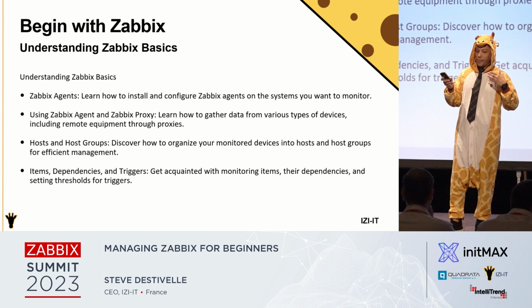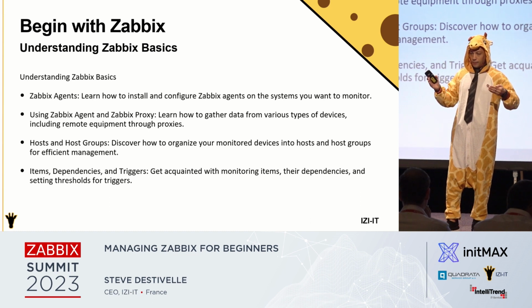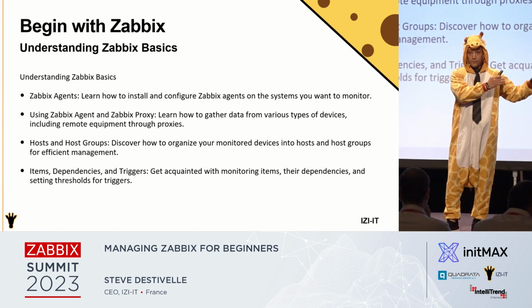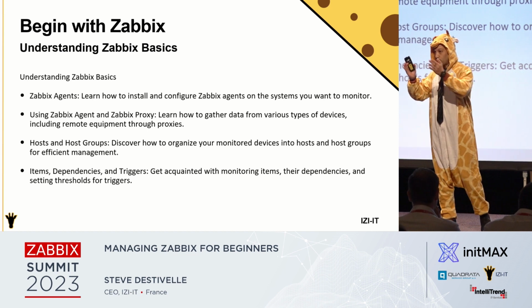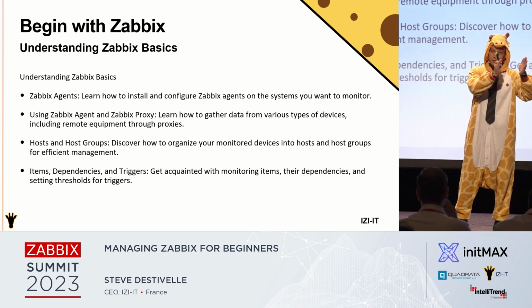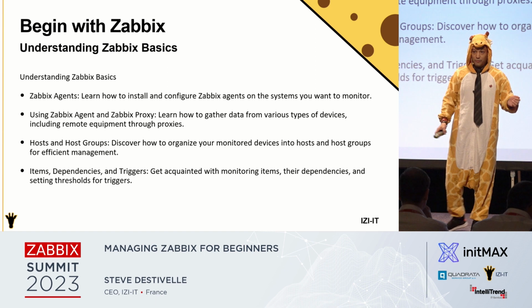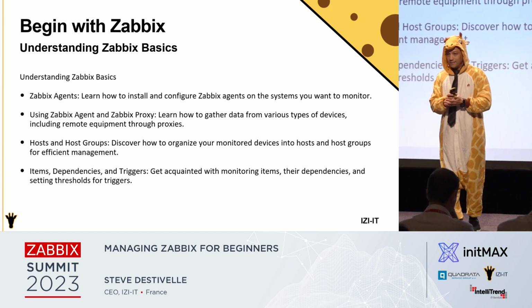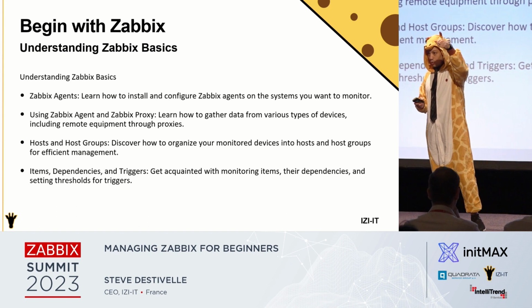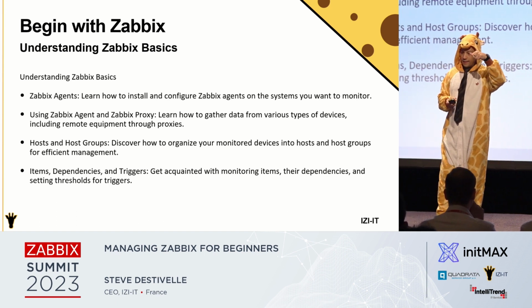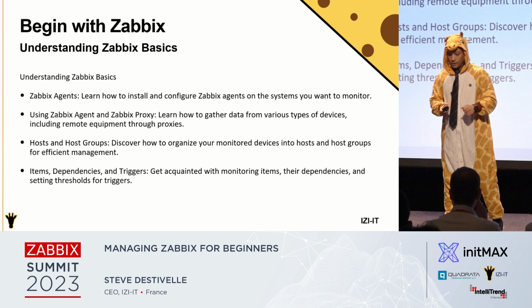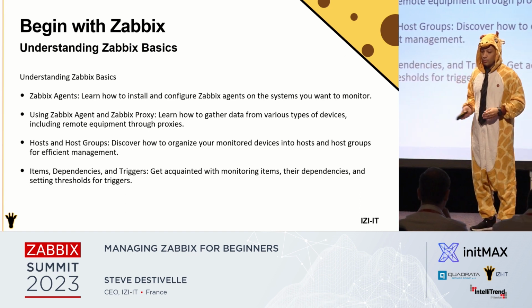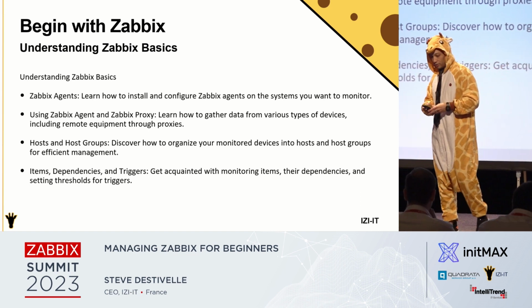You need to align your host groups with the groups that you have in your company. The structure of your company should be the reflection of the structure of the host groups. And thanks to the nested host groups that we have now, we can easily manage host groups with inheritance and so on.